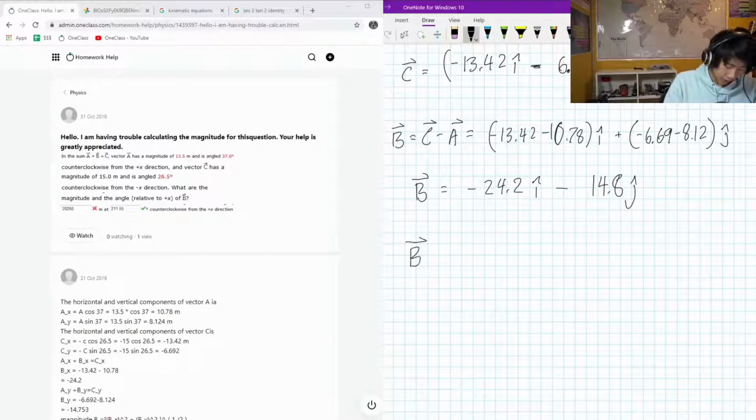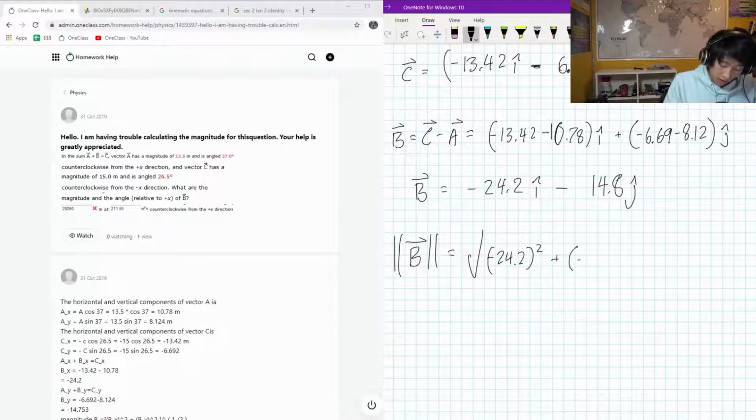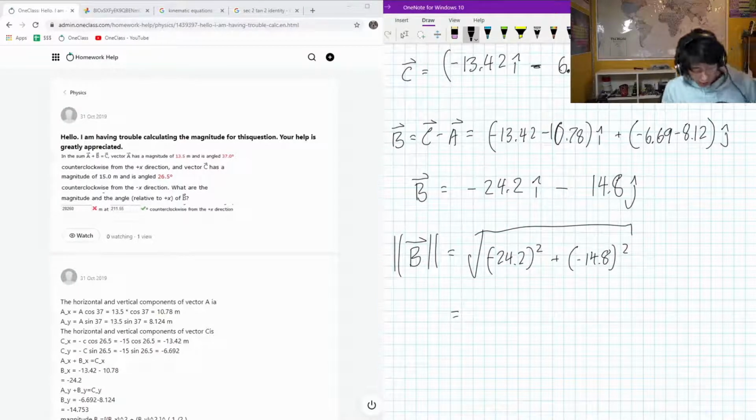So to find the magnitude of b, what we will do is represent it like this. This is going to be a Pythagoras theorem type of situation. So it's going to be negative 24.2 squared plus negative 14.8 squared. And that shall be the magnitude. And what will this be?